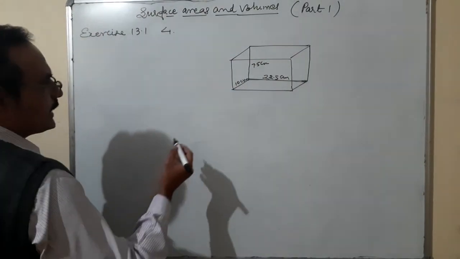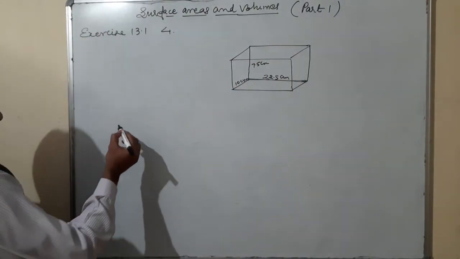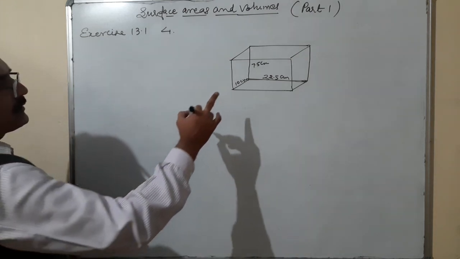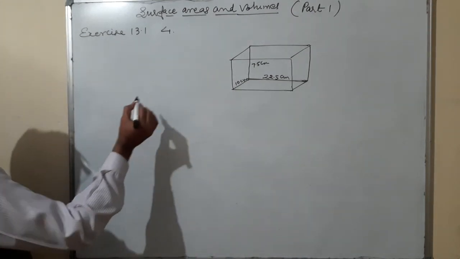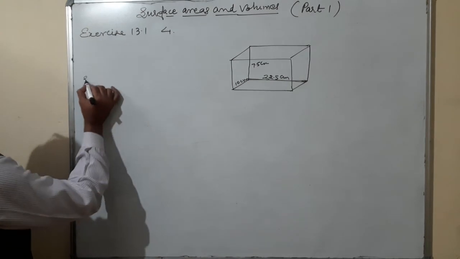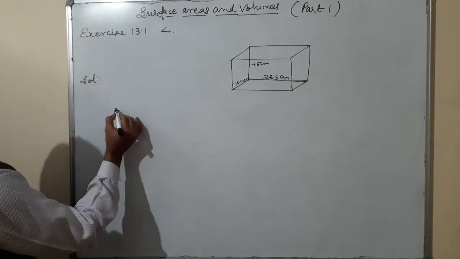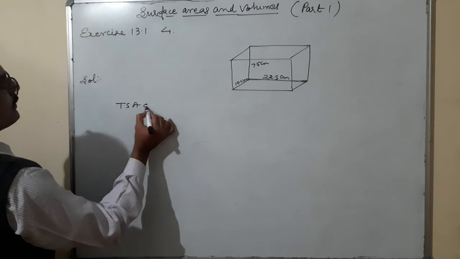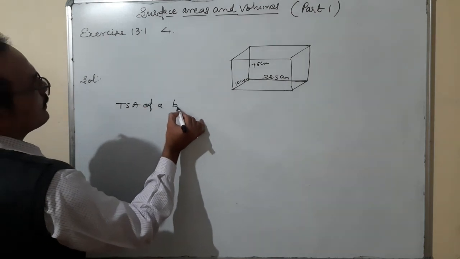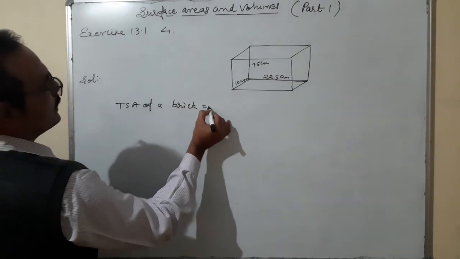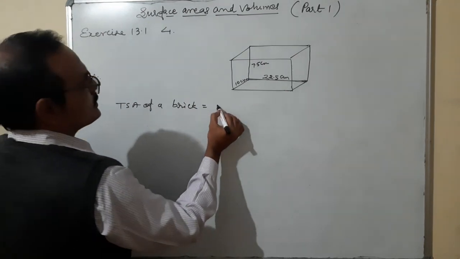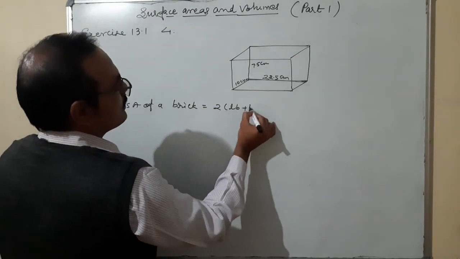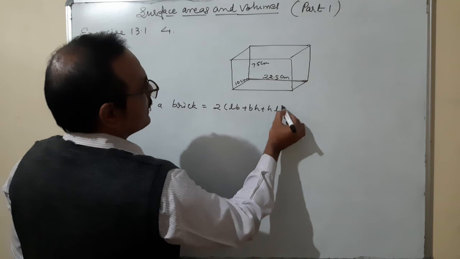So may I write here directly, the number of bricks is equal to... first I am finding the total surface area of a brick. TSA of a brick is equal to 2(LB + BH + HL).